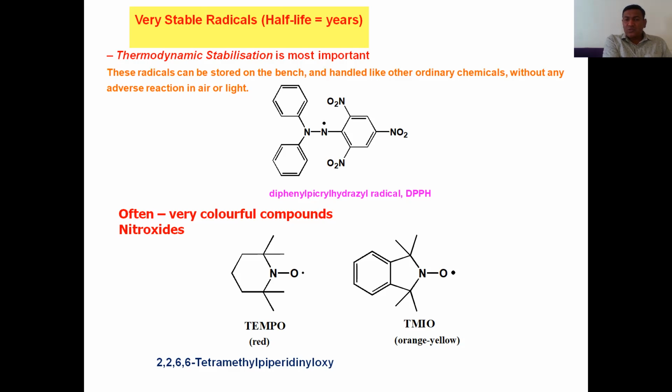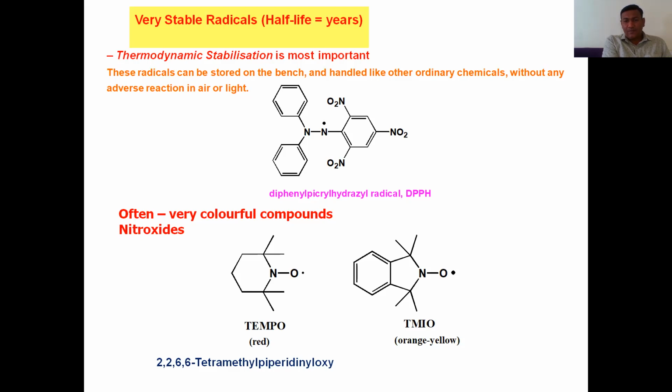So almost 10 compounds we have learned today, how to generate the radicals, and which are stable, because stability is also important, and the thermodynamically stable compounds available in the market.